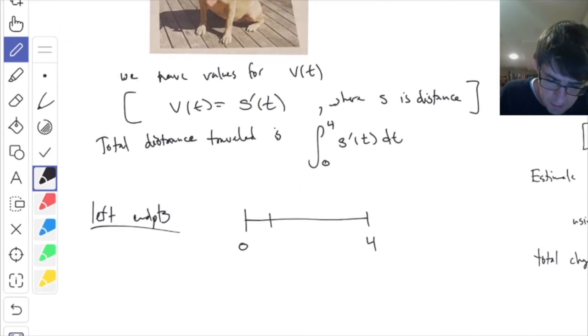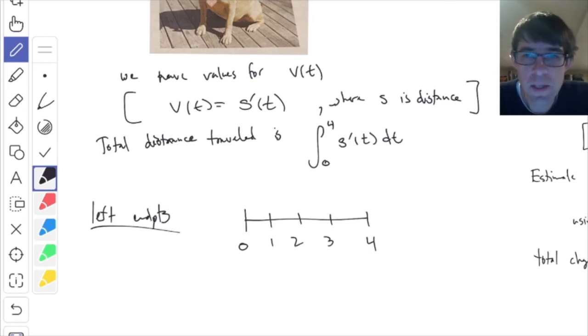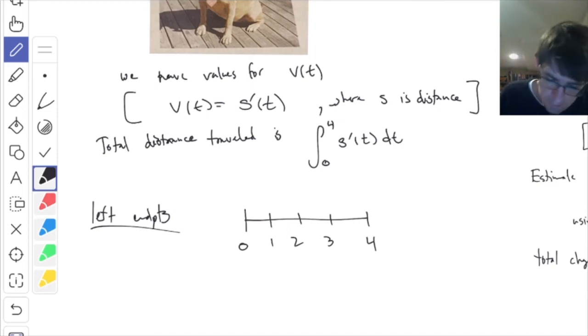We have no more information other than those points. So again, the delta x will be 1, because that's the distance between those little subintervals. And since I'm doing the left endpoints first, I choose these four points.